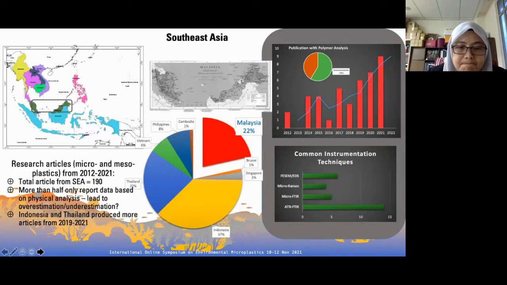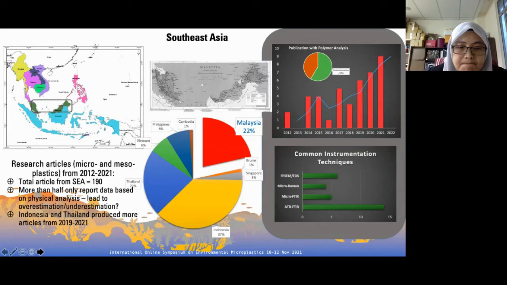When we zoom into the Southeast Asia region over the last 10 years, from Scopus, Web of Science, and Google Scholar, we found more than 119 articles published with the keywords microplastics and marine litter or mesoplastics, which are larger than 5 mm.